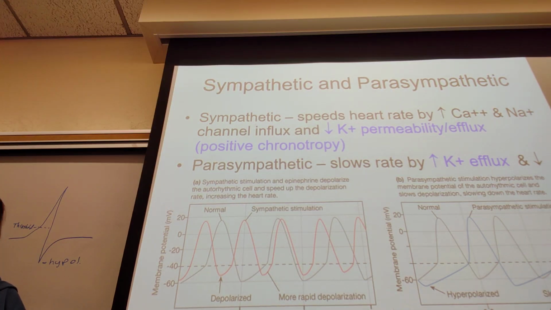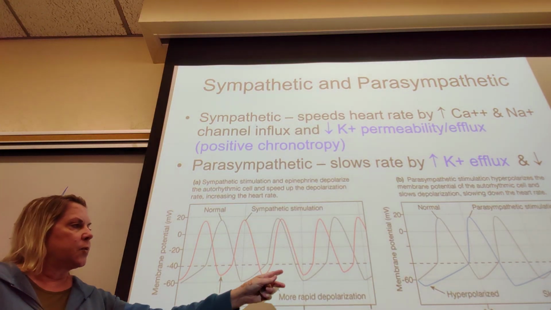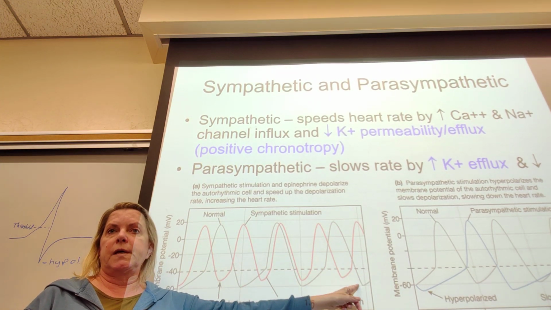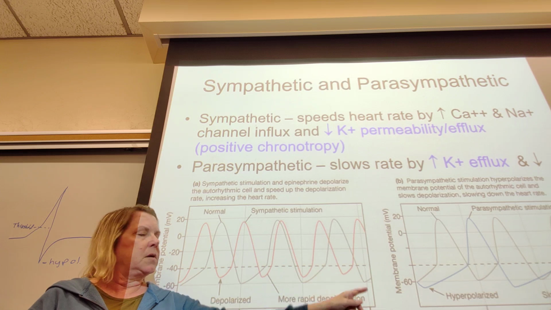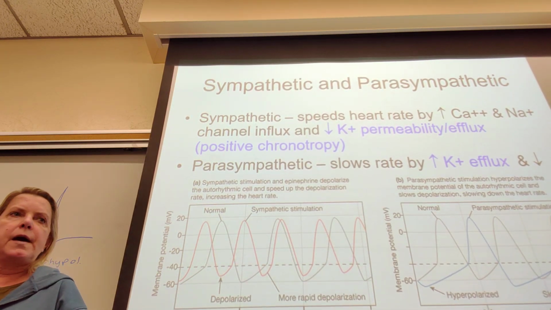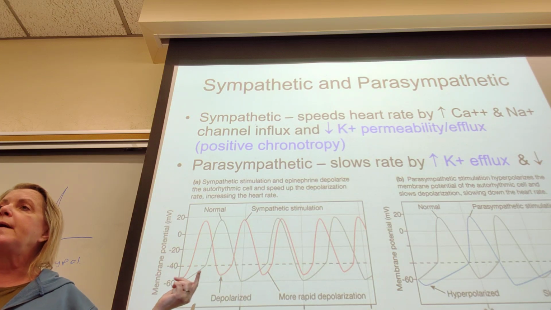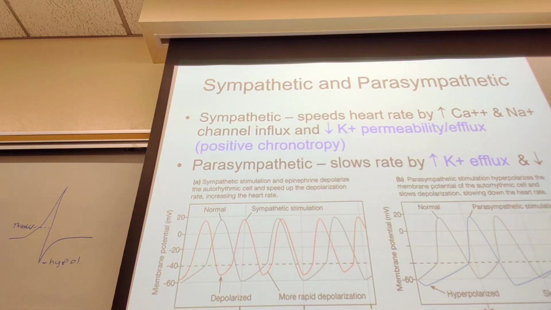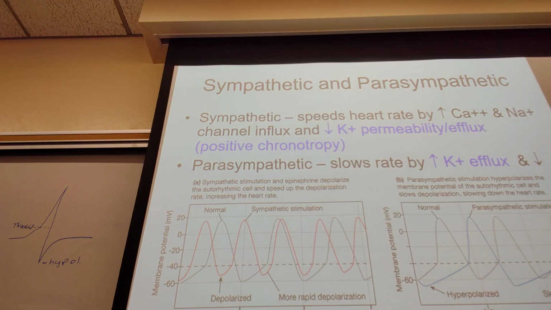We're even getting an extra beat here compared to a normal sinus rhythm. So someone who's nervous, scared, terrified has a higher heart rate because they have more sodium permeability and less potassium, so they reach threshold faster. On a molecular level, that's why your heart rate goes up.